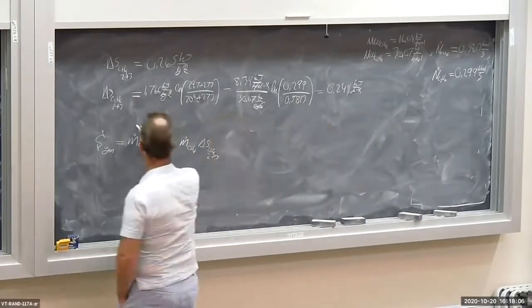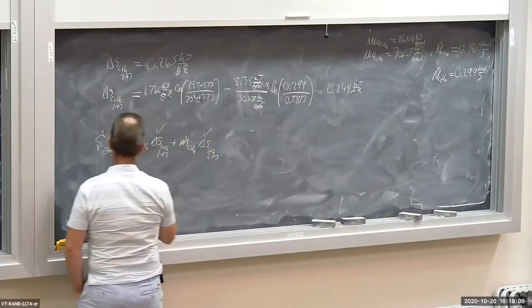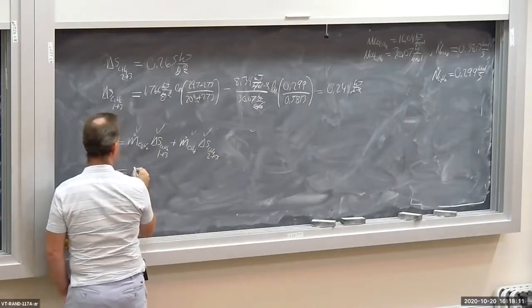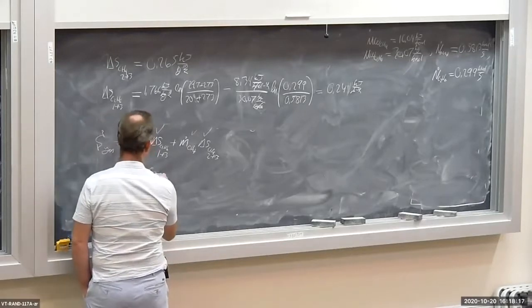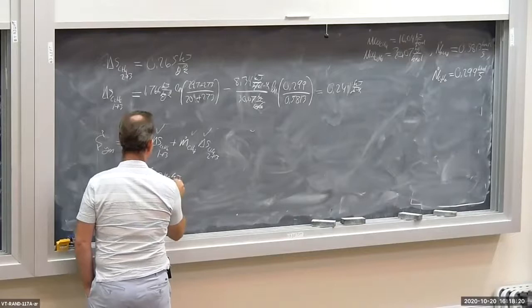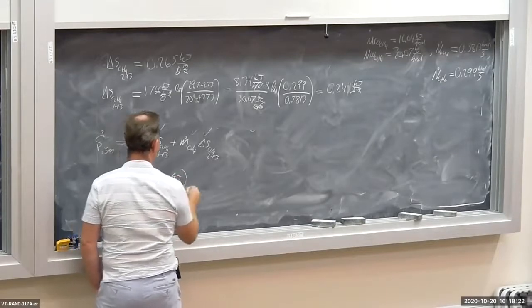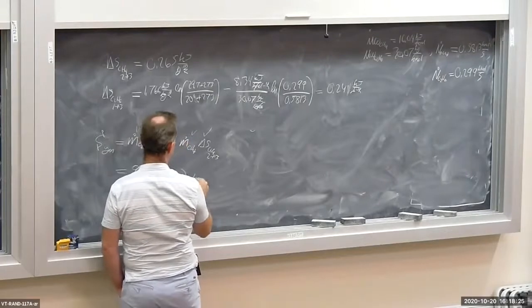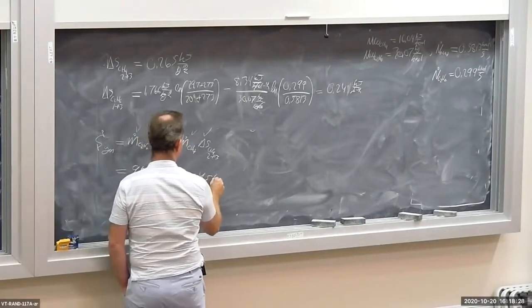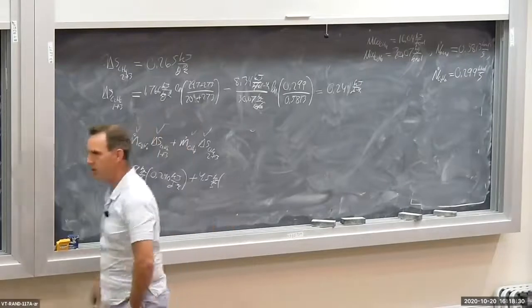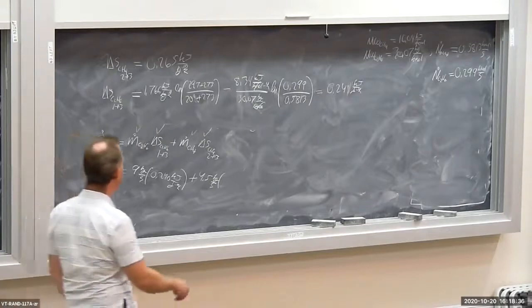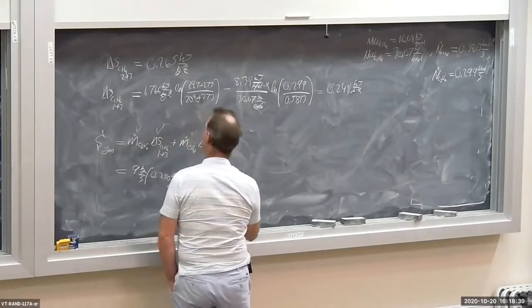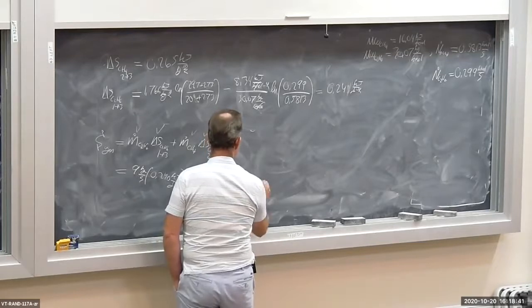All right, we have the mass flow rates, we have the delta S's. Let's plug in. Mass flow rate for the ethane, 9 kilograms per second, times delta S for the ethane, 0.240 kilojoule per kilogram degree Kelvin, plus m dot for the CH4, which is 4.5 kilograms per second, times delta S for the methane, 0.265 kilojoules per kilogram degree Kelvin.